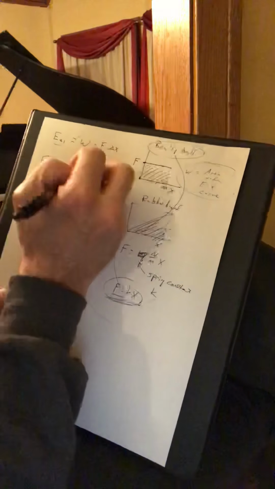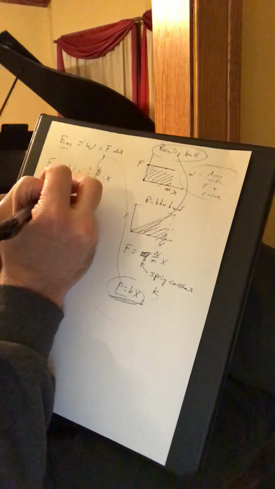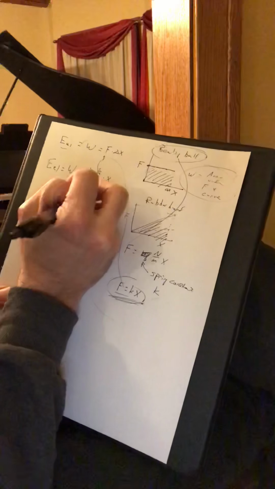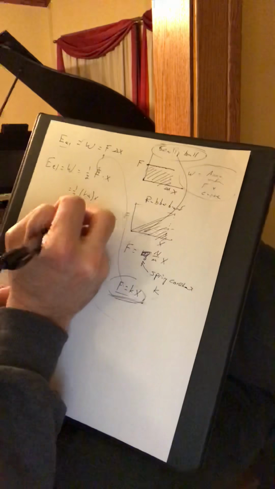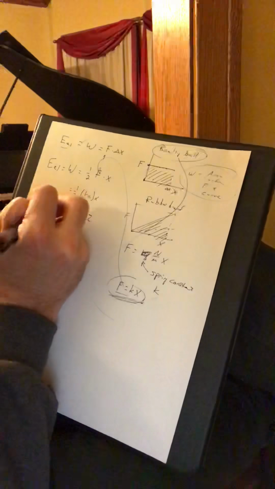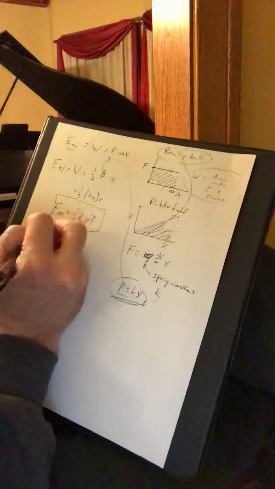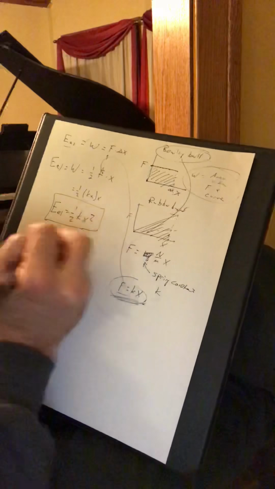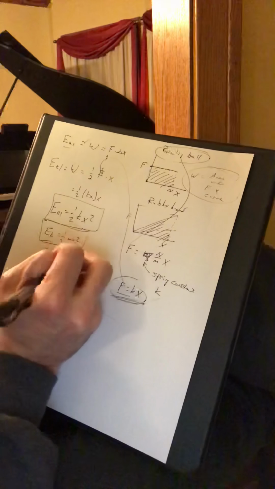Well, that comes from this equation that we've talked about, so that's 1/2 times kx times x, and that is 1/2 kx squared. That is our equation for elastic energy. We now have an equation for that.